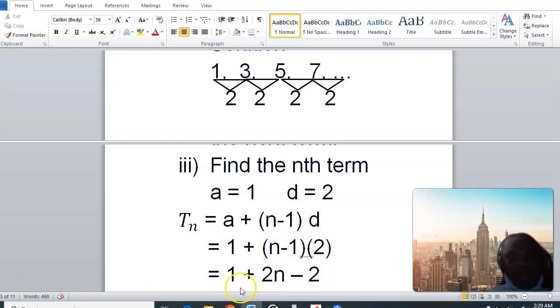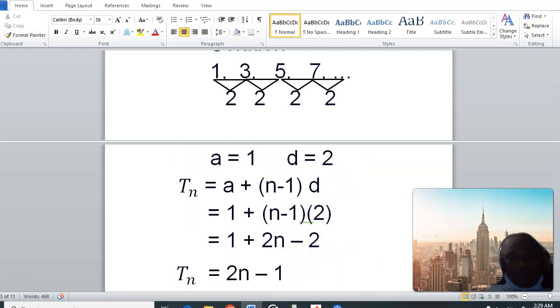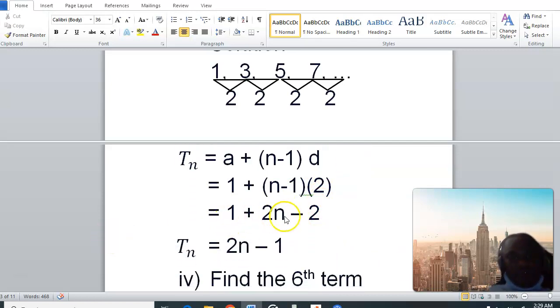So we have 1 plus n times 2, which is going to give you 2n, minus 1 times 2 will give you minus 2. So our formula is going to be 2n. We have 1 minus 2. These are like terms. So it's going to be 1 minus 2, which is minus 1.